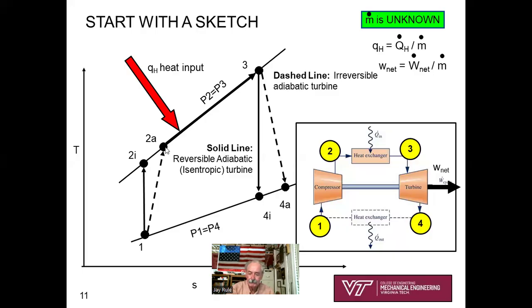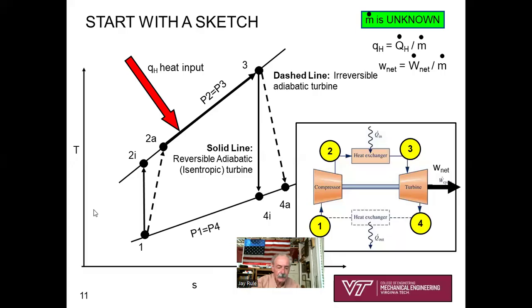That's another very important part of our problem-solving process, to draw the TS diagram. 1 to 2, that's the compressor process. 2 to 3, that's the heat addition process. 3 to 4, that's the adiabatic turbine process.